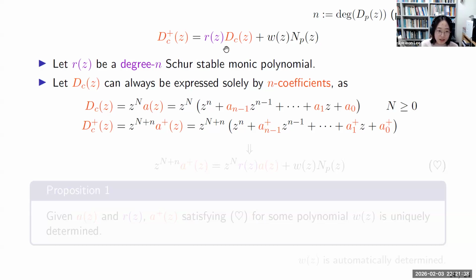And since R is a degree n polynomial, and it is multiplied to DC, the degree of DC has increased by a small n. Here, this large N is just some non-negative integer, and it'll be changed through the iterations. So with this additional constraint, let us just rewrite this upper equation, and then it results in this equation.